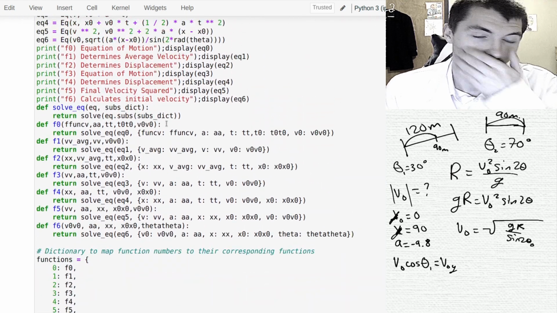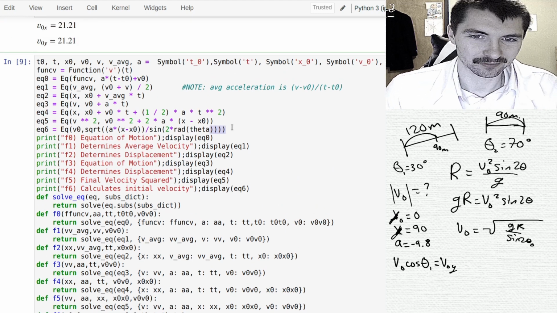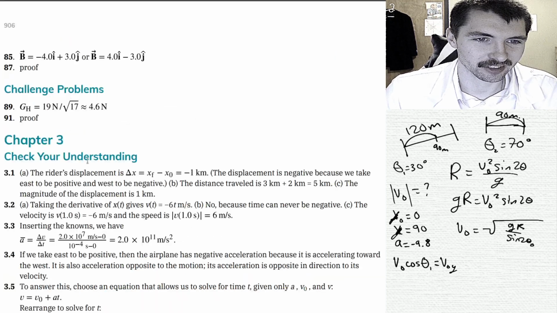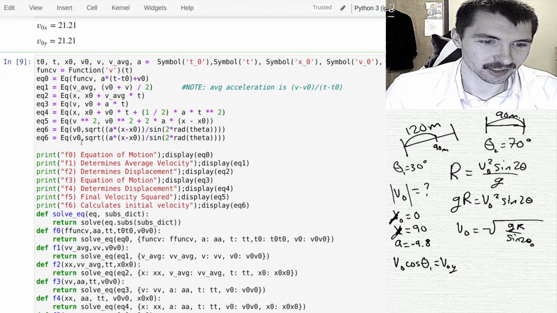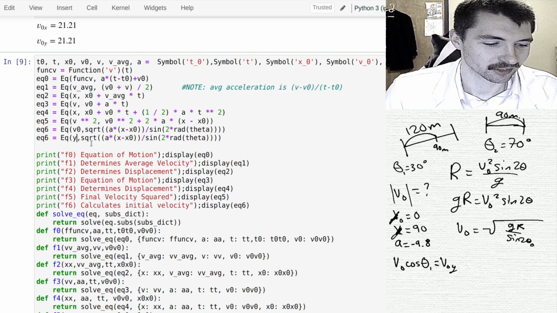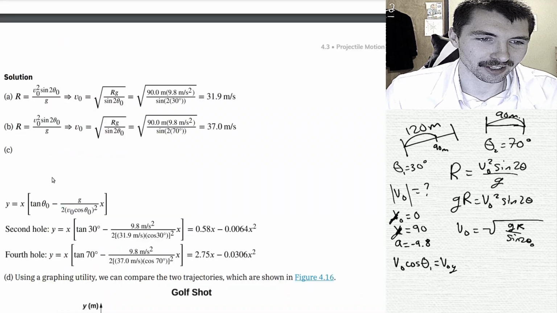Oh man, I really hope this pays off. All right, so trajectory. We're going to write y. It's kind of insane how much I have to add just to do this.